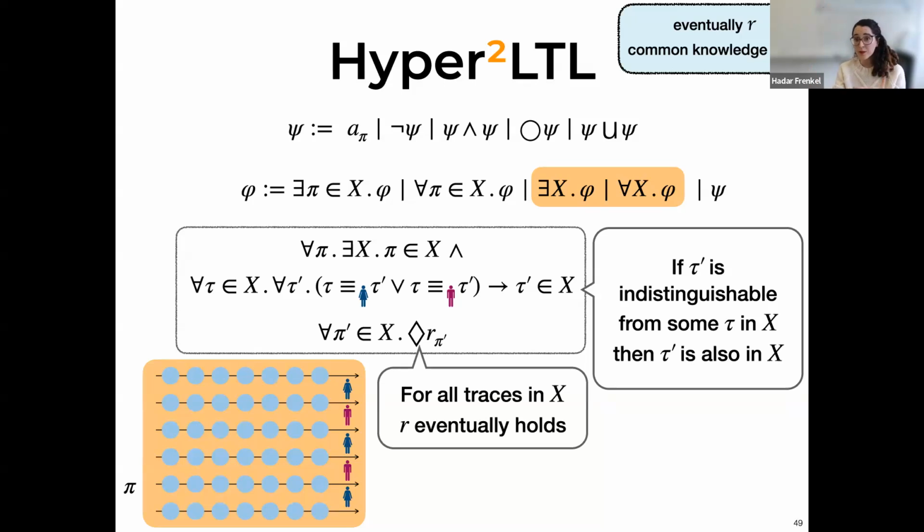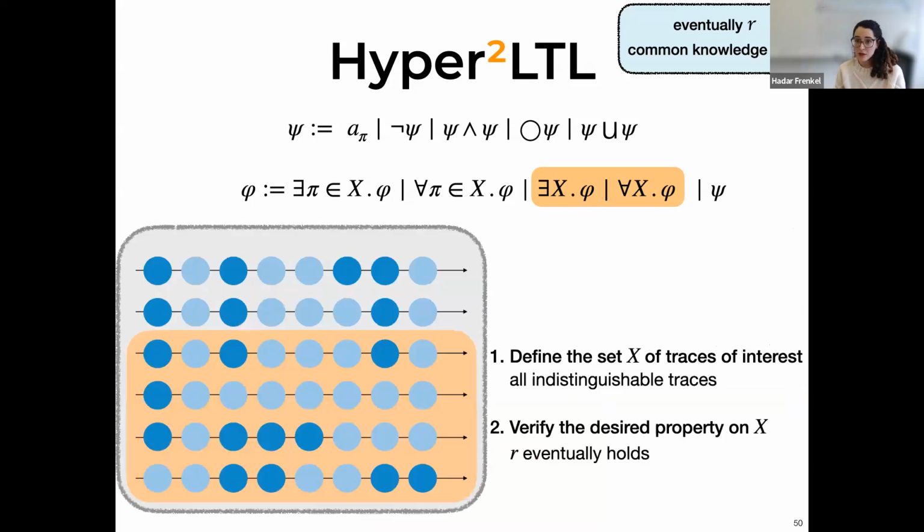And again, what is important to take away from here is that second order quantification allows me to define the set of traces of interest, here all indistinguishable traces, and then to verify the desired property over the set. So this is what HyperQPTL allows us to do: define sets and then ask questions about these sets.